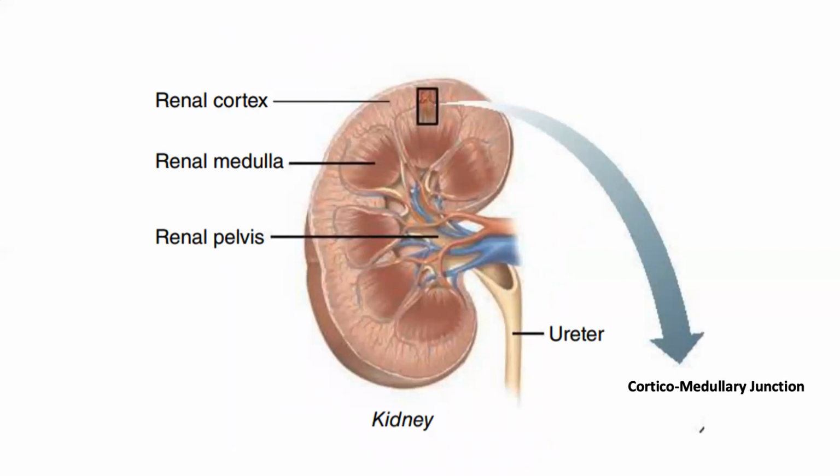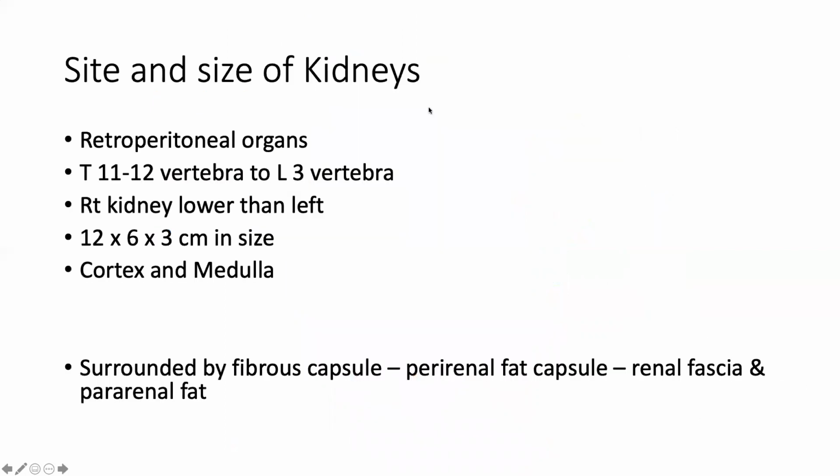So here is a simpler diagram, which is showing the renal cortex, renal medulla, renal pelvis, and the ureter. And the junction here, between the cortex and the medulla, is what we call the corticomedullary junction. So I hope this slide is no longer difficult for us now.